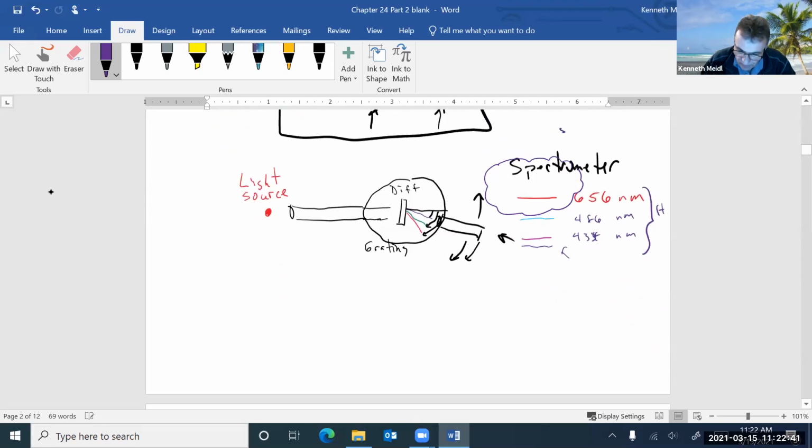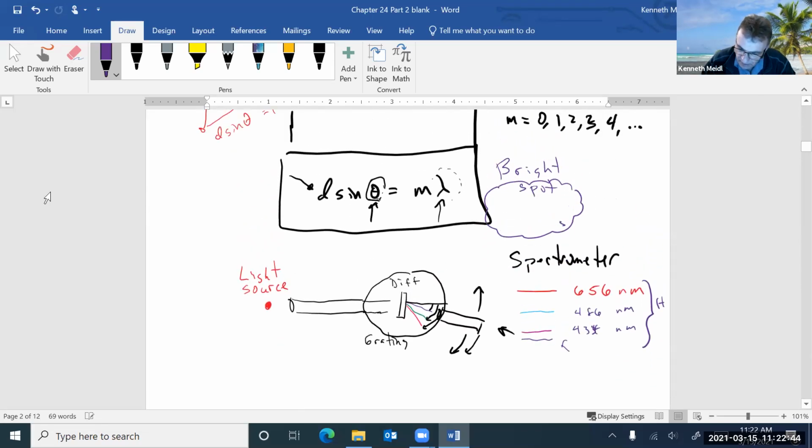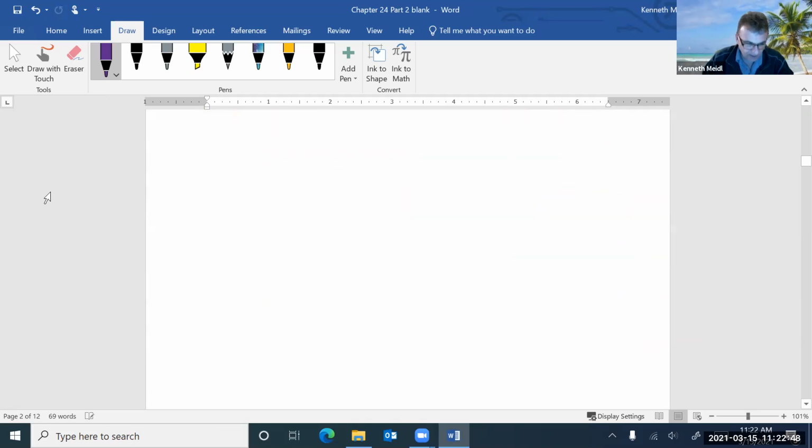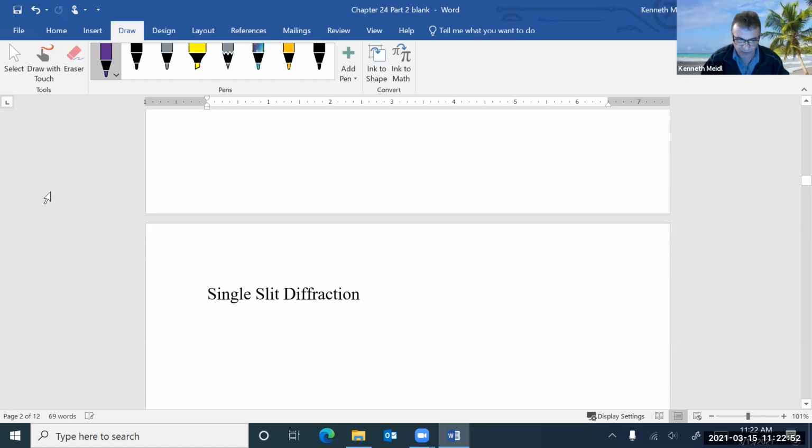Okay, and so let's take a look here. What else have we got? Probably we should look at the idea of single slit diffraction.